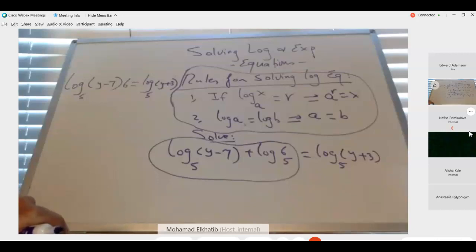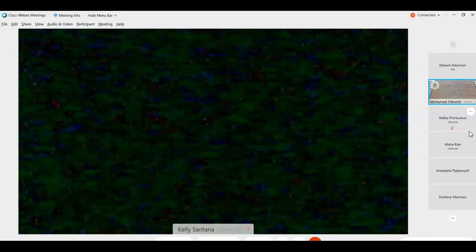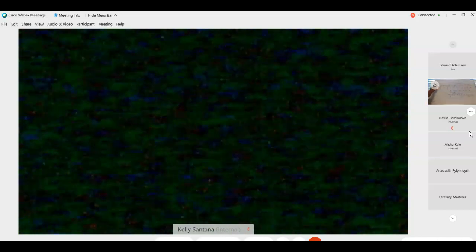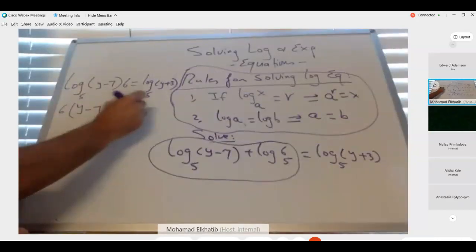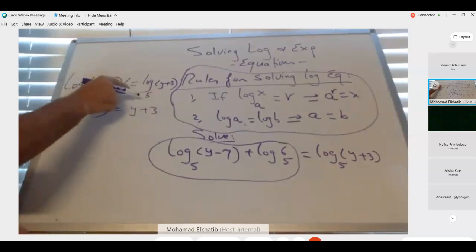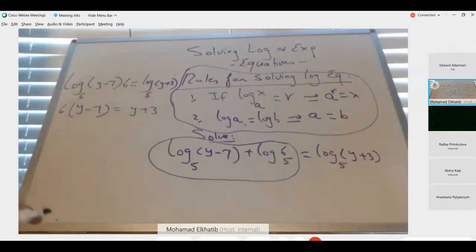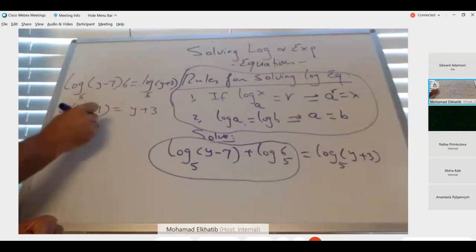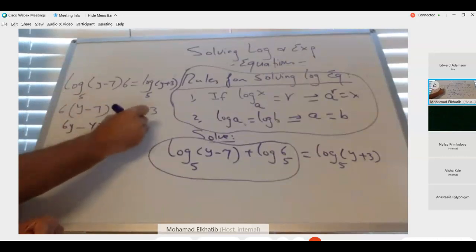Are we good? Yes. Now you get rid of the log. I'm going to put the 6 in the front so I can distribute here. Now it's easy. Once I get rid of the log, the rest is basic algebra. You guys learned it in 6th grade, 7th grade. 6 times y is 6y. I distribute 6 times 7 is 42.